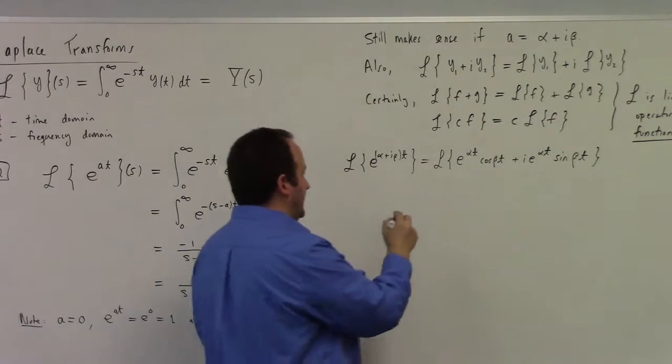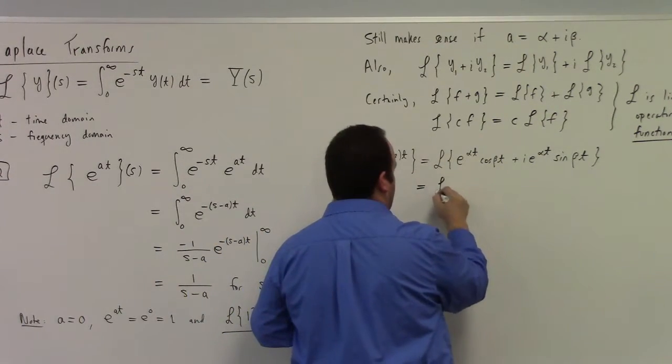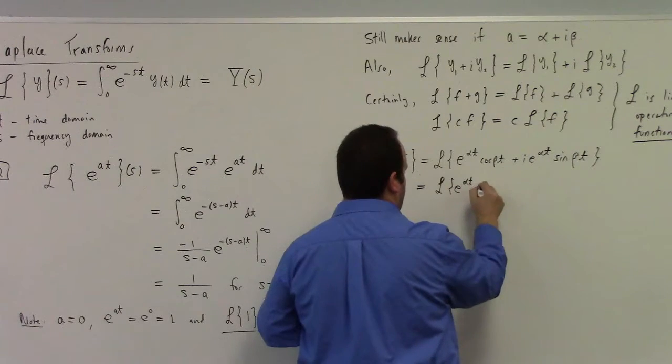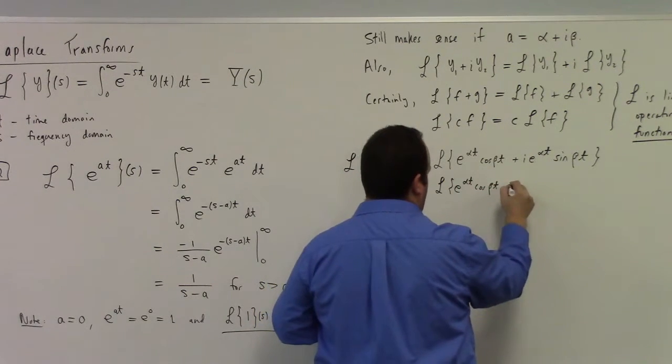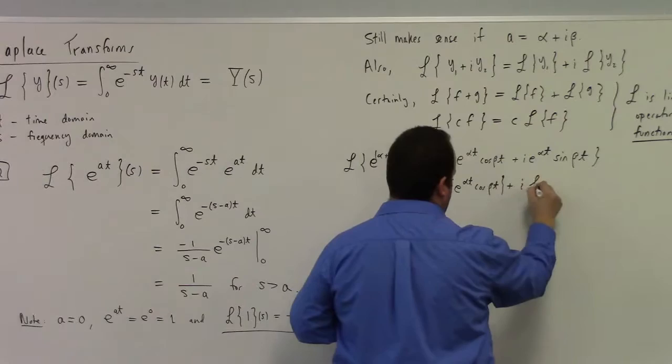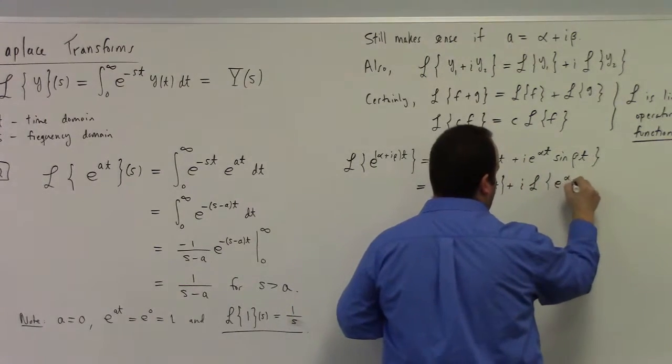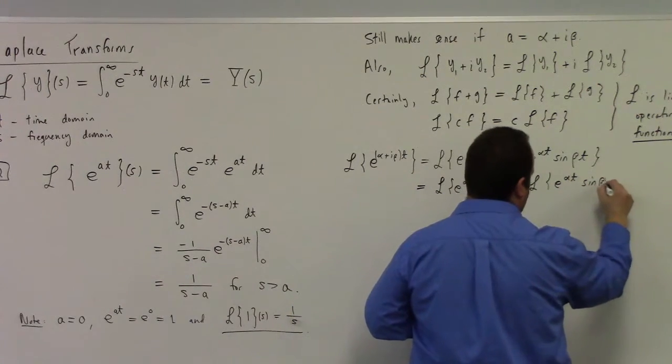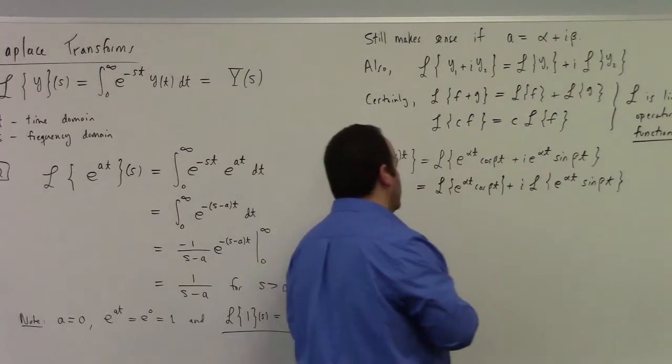And so I'm saying that that is equal to the Laplace transform of e to the alpha t cosine beta t plus I times the Laplace transform of e to the alpha t sine beta t. All right? That's 1.